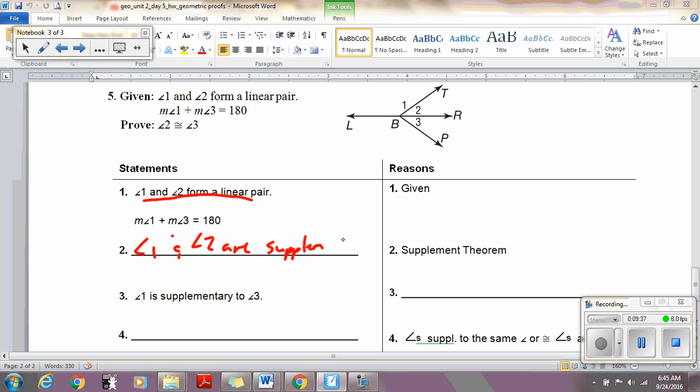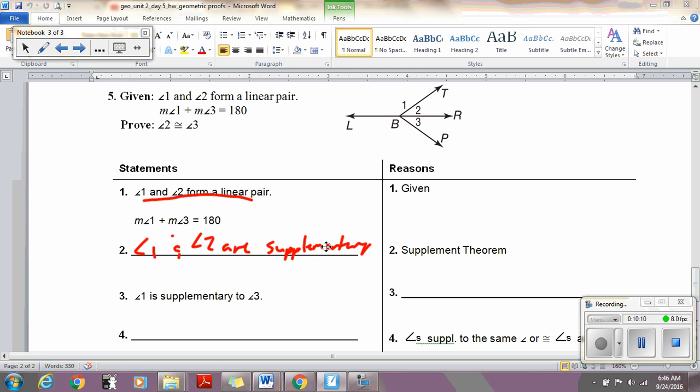Because if you look at your property sheet, or you could write it like they wrote it in number 3, where you could say angle 1 is supplementary to angle 2. Either one is fine. But if you look at your pink paper, that's exactly what it says underneath supplement theorem. If two angles form a linear pair, then they are supplementary. That's why I chose to write exactly what I did on number 2.